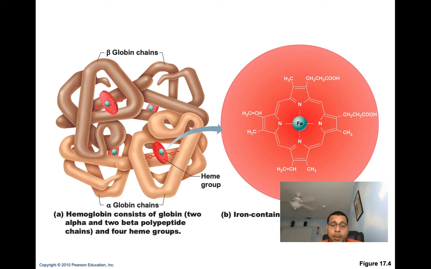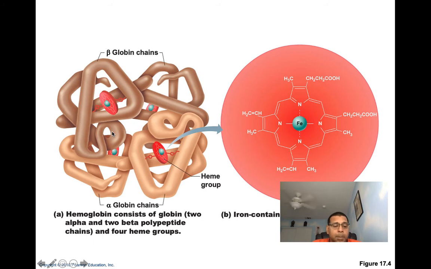Next, we have hemoglobin. So let's talk hemoglobin. Hemoglobin is a protein that makes red blood cells red, and it binds easily and reversibly with oxygen. Hemoglobin is made up of heme and globin. Globin is a protein that consists of 4 polypeptide chains, as we can see here. These are all biology terms, polypeptide chains.